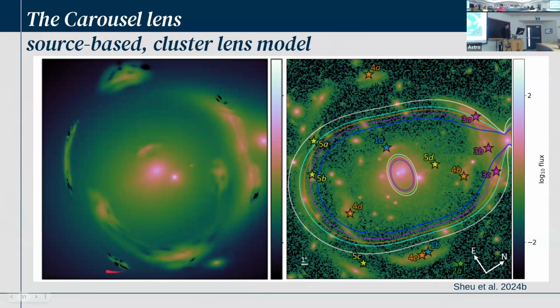In this case, we only use two power laws, one centered at the galaxy cluster center, as well as this member galaxy. And from there, we're able to reconstruct the image to a high precision.